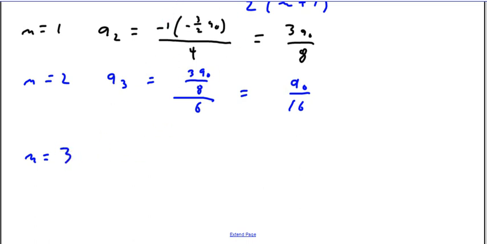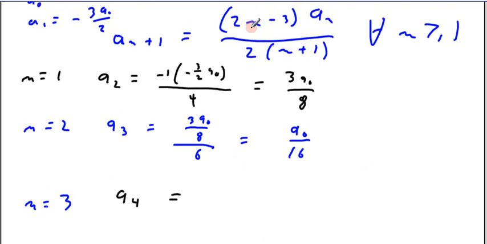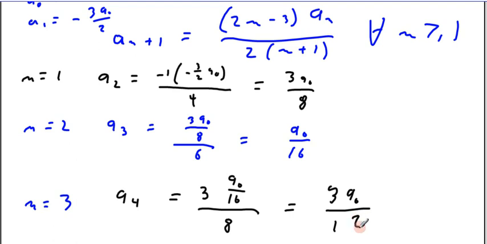I have a4. I put a 3 in here, that's 6, minus 3 is going to give me a 3. A3, which is a0 over 16, divided by, I put a 3 here, that's 4 times 2, that's 8, and I've got 3a0 divided by 128.